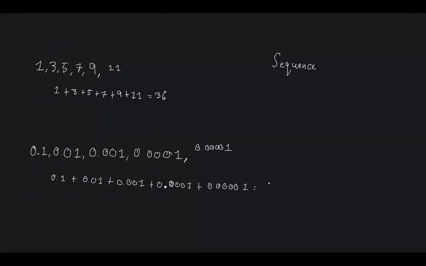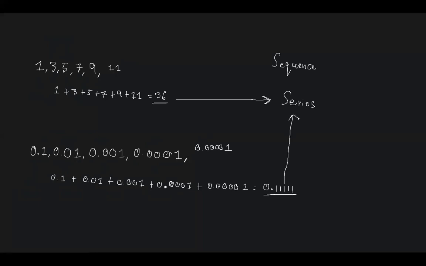If we add these numbers, we have the answer 0.11111. So you see, the sum of all of the numbers in a sequence is what we call the series.